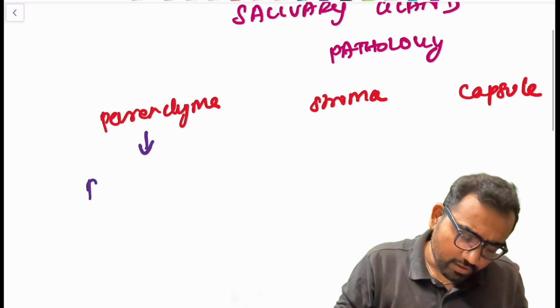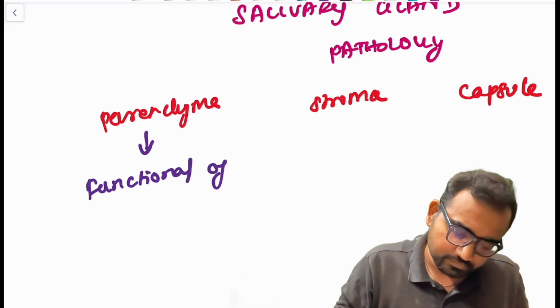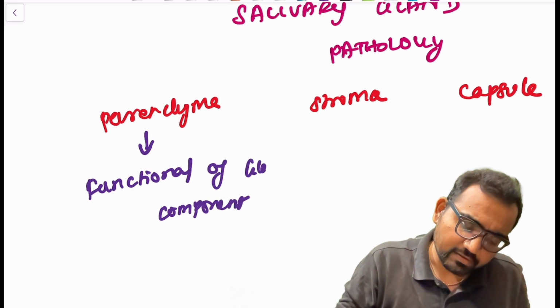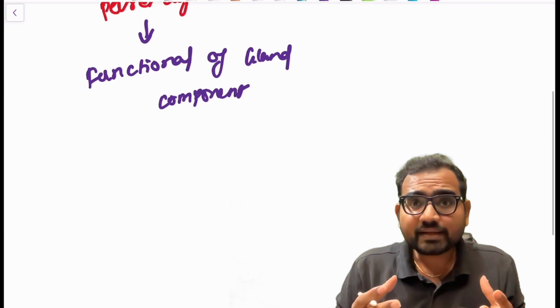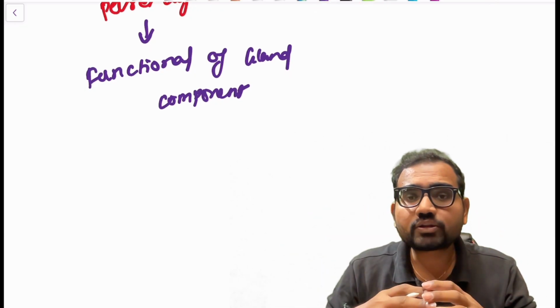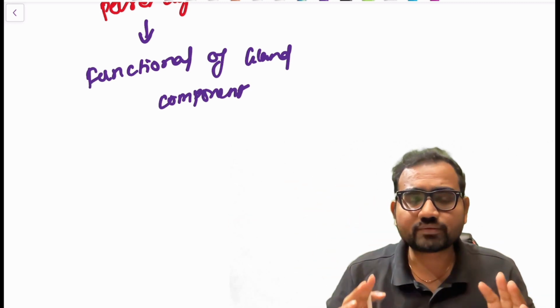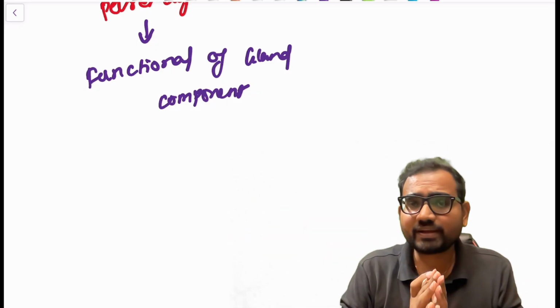Parenchyma is the functional component of a gland. What do you mean by that? When I say a parenchyma of a salivary gland, it means it is responsible for the salivary secretion, production, excretion or expulsion of the saliva. It has some functions related to the gland. That is why I am calling it as parenchyma.